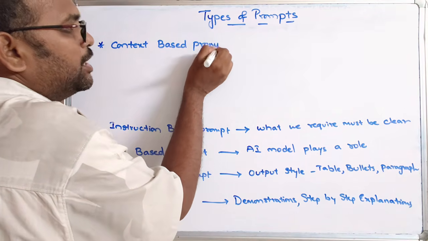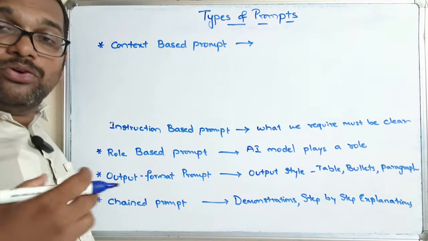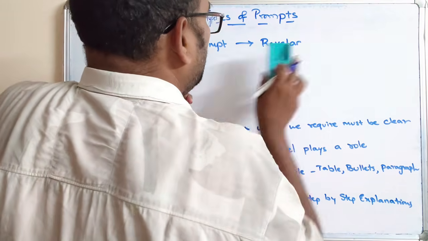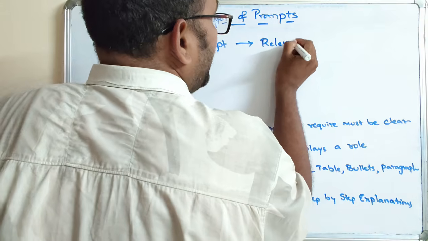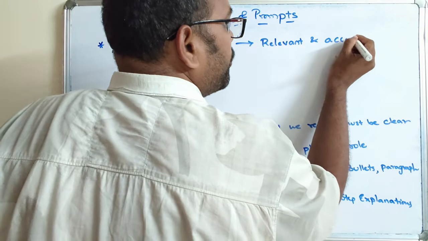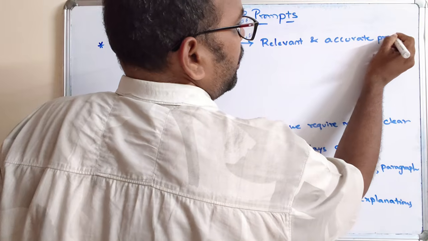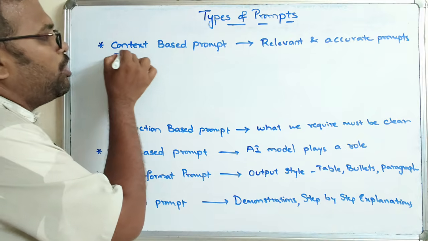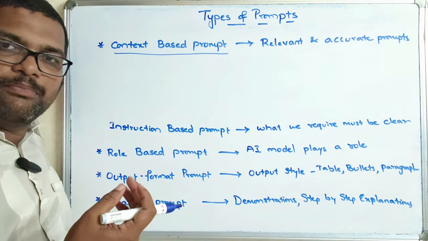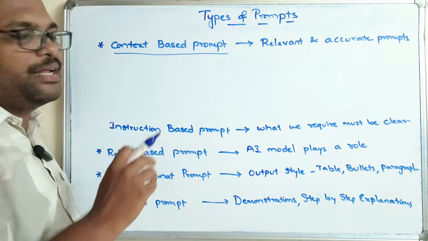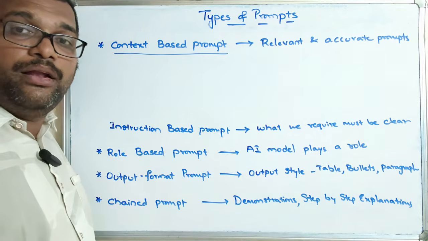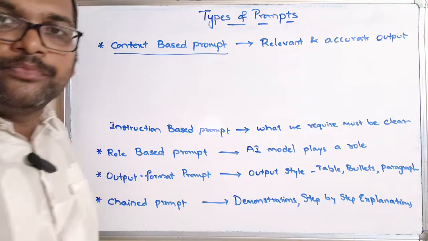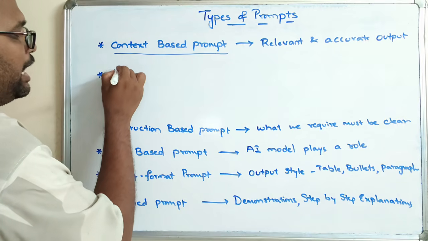Here we will be giving the context, in order to get relevant and accurate output. We give some context, and with that context we can get relevant and accurate data.